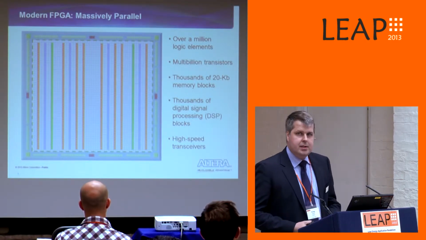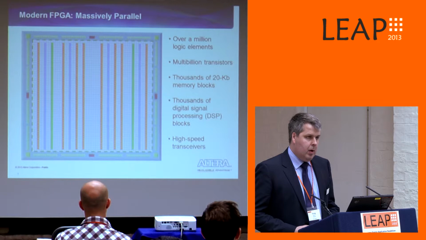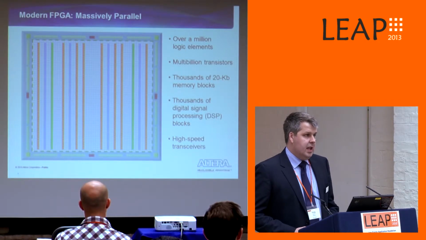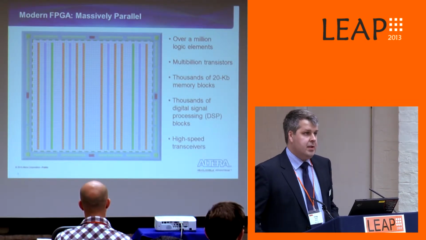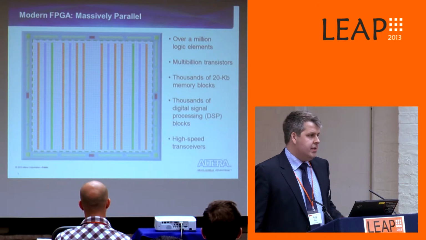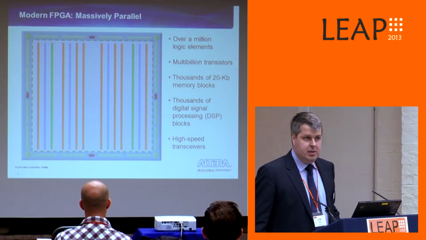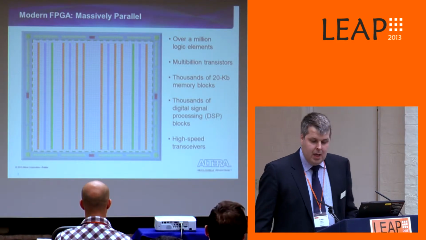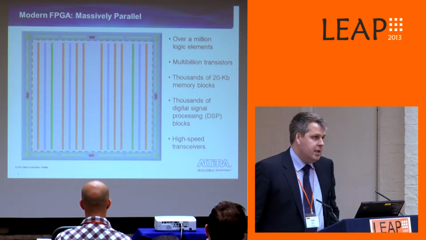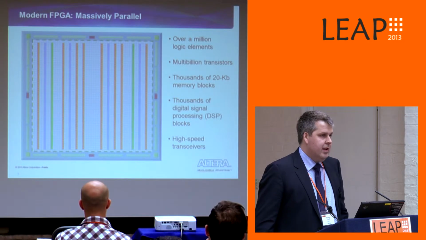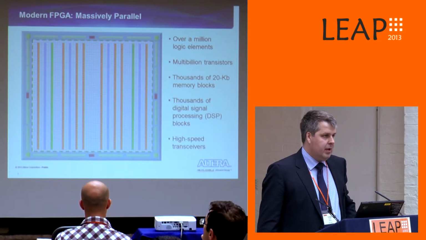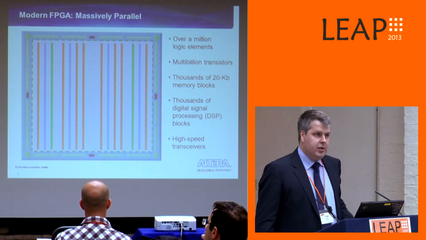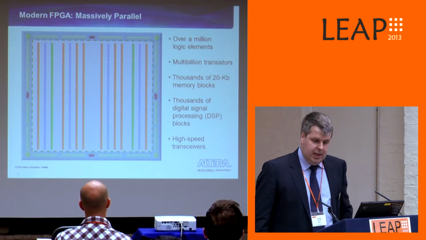But they have thousands of memory blocks on there, thousands of DSP elements in there, so there's up to 4,000 DSP elements on an FPGA. Each of those is essentially a processing element, so more processor cores than a GPU, for instance. And also include high-speed transceivers, so you can get information into and out of an FPGA very, very quickly. We're talking 100 gig Ethernet, 400 gig Ethernet type systems relatively easily.